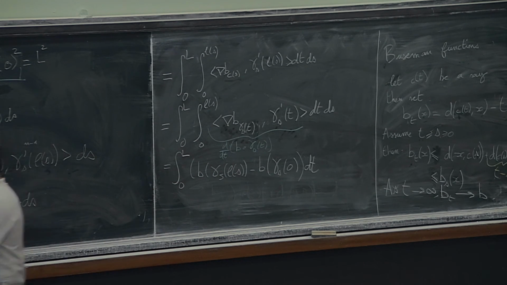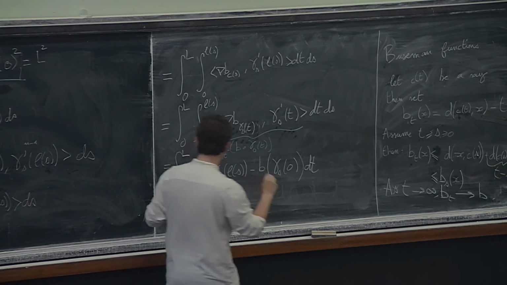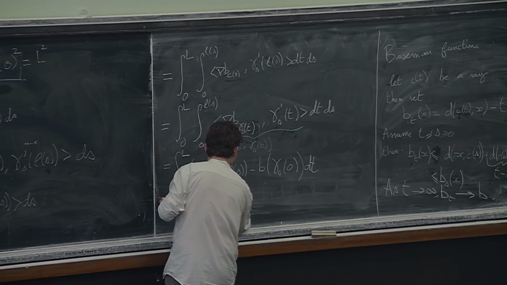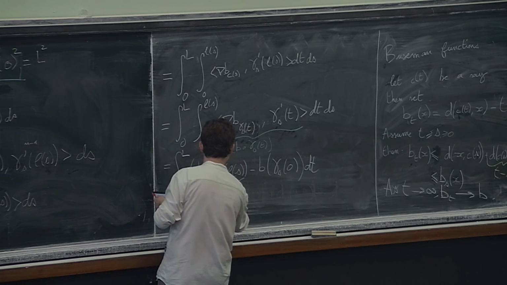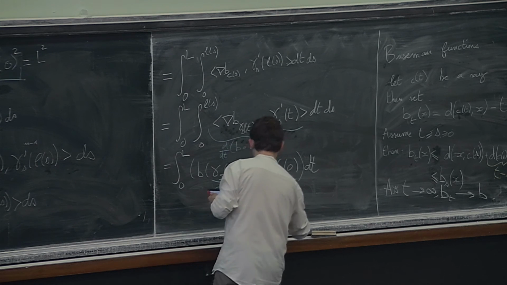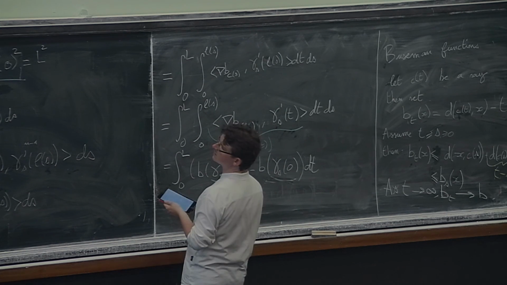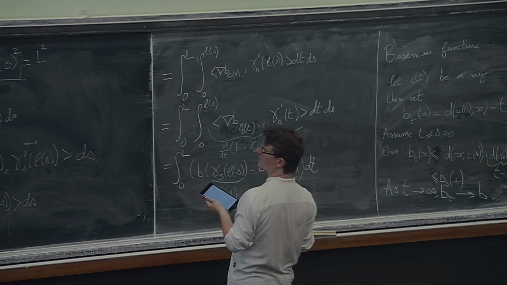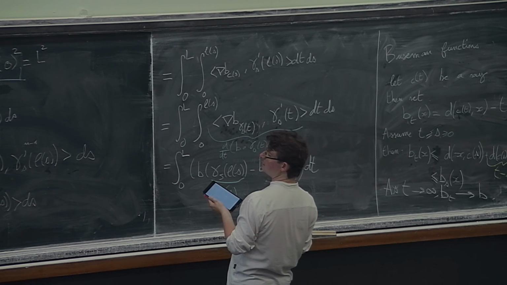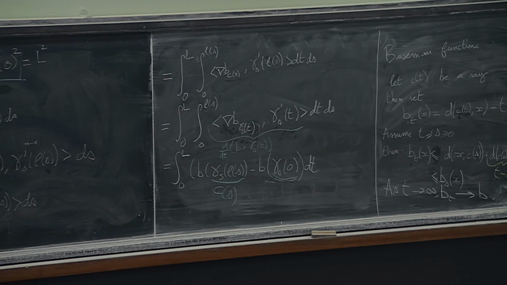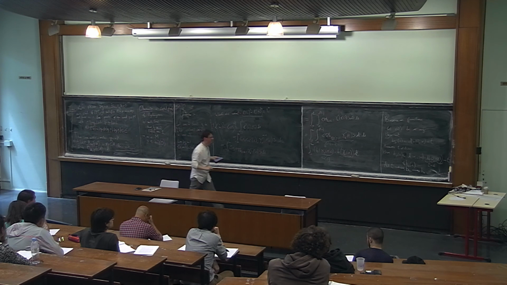Now, B of gamma s of L of S is C of S. And gamma s of 0 is y.